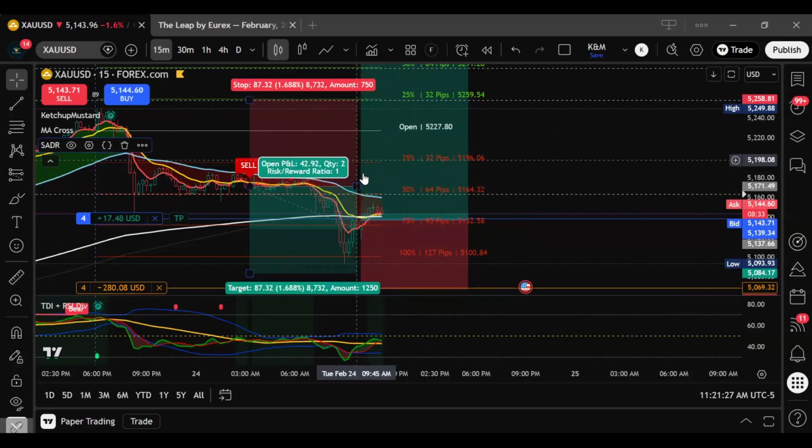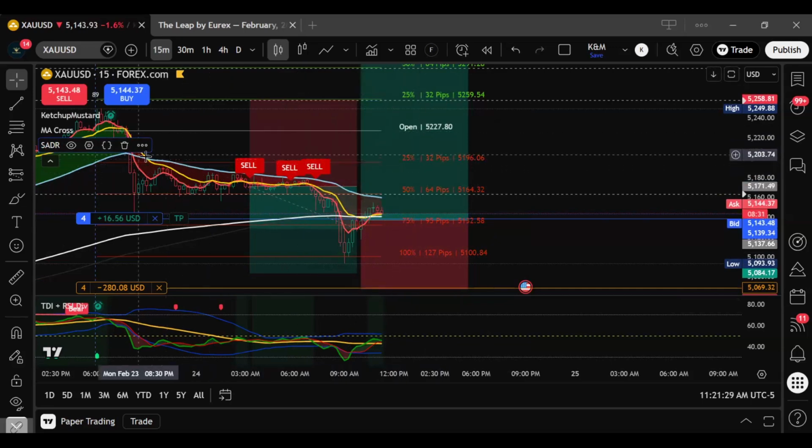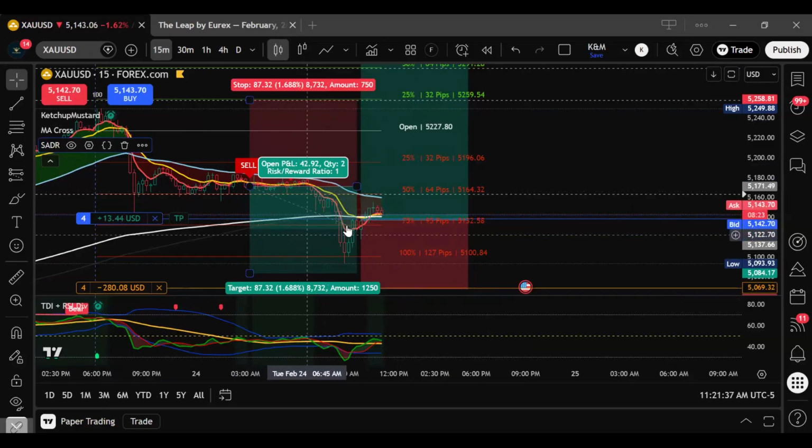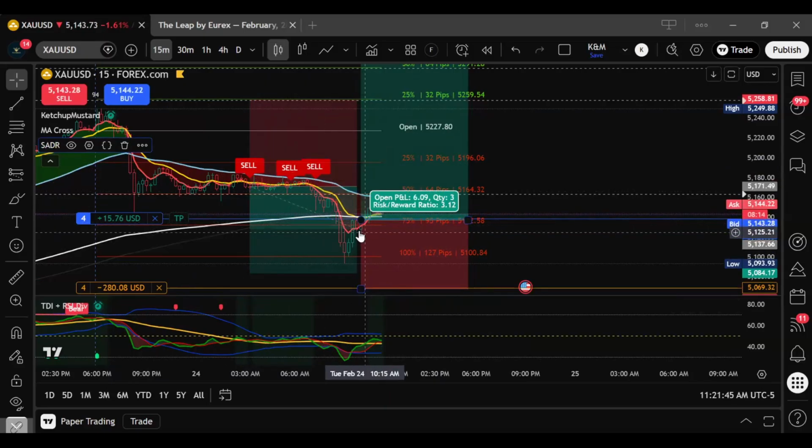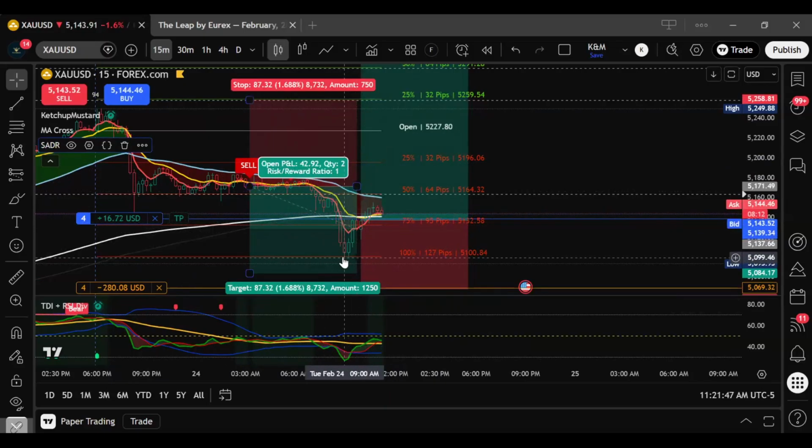Those are going to be your favorite ones. I can't say which one, if it's going to hit the green one or the red ones. You got to know what direction your trade going in. But it always hits the 25% and usually hits the 50%. Sometimes they get close to the 50 and won't hit it. It got a 75% chance to hit the 75, and then today it hit the 100.